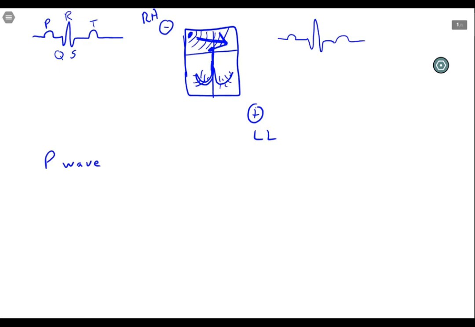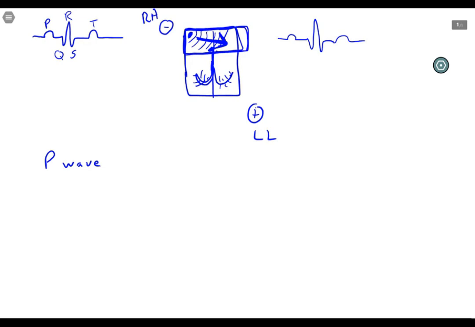something you want to think about is how long should it take for that depolarization to cross the atria and for us to get our P wave? How wide should that P wave be? Because if this takes too long, that might tell us that our atria are enlarged and there might be something wrong with this individual.